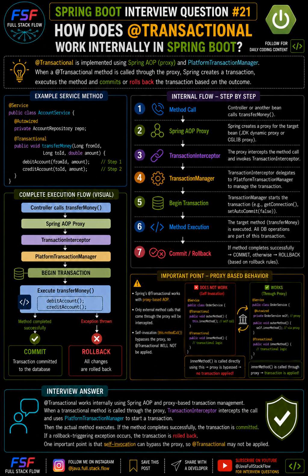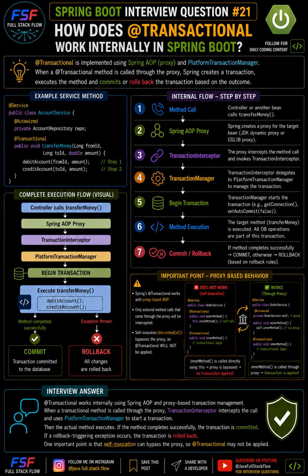Next is the interview answer. Now if the interviewer directly asks how does @Transactional work internally, you can answer like this. @Transactional works internally using Spring AOP and proxy-based transaction management. When a transactional method is called through the proxy, TransactionInterceptor intercepts the call and uses PlatformTransactionManager to start a transaction.